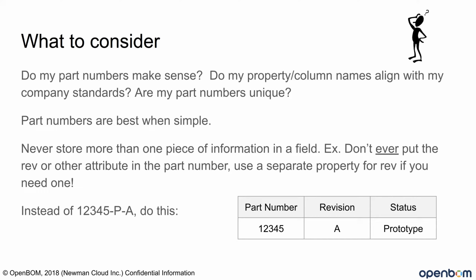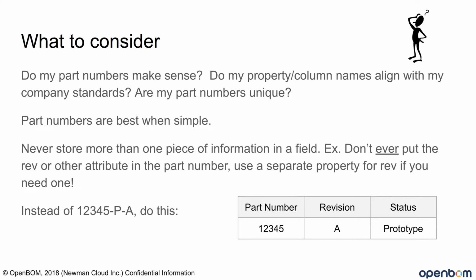And have I included all the people in my organization that have a stake in that: manufacturing, planning, people in purchasing, etc.? When I'm designing my BOM, are the columns or the property names the names that are used in my organization? Do I use revision or version? Do I use state or maturity level? These are things you want to give some thought to.